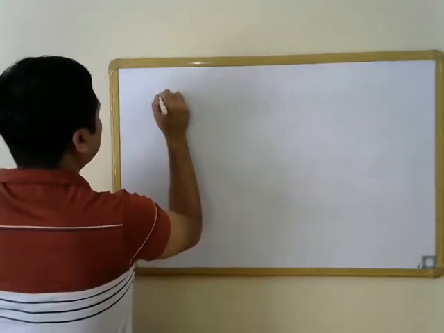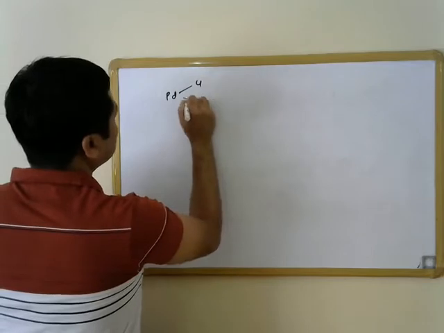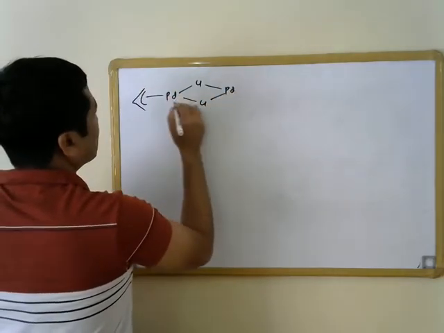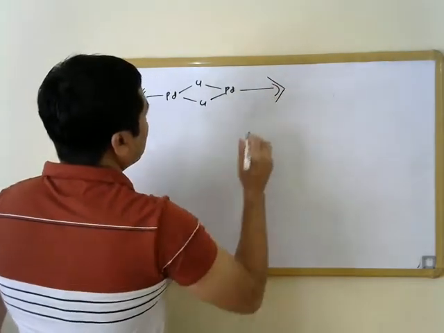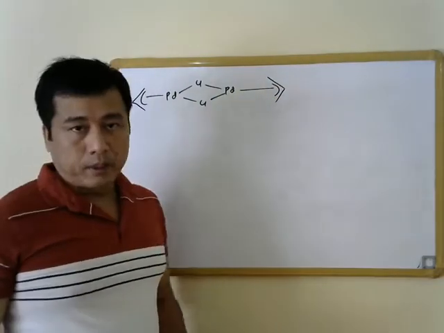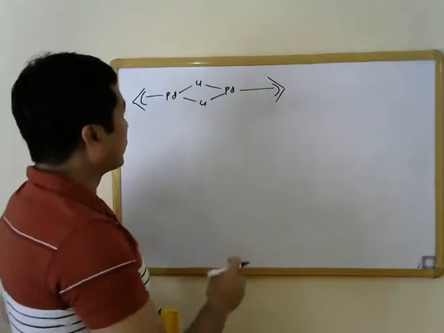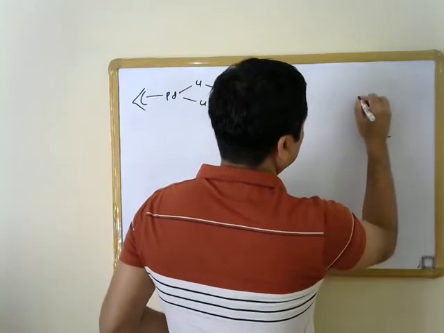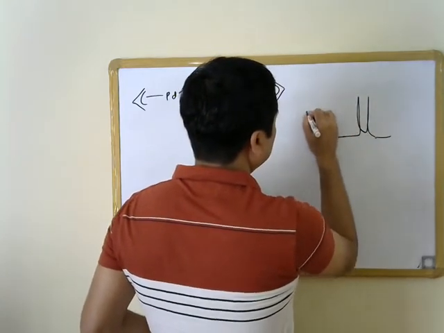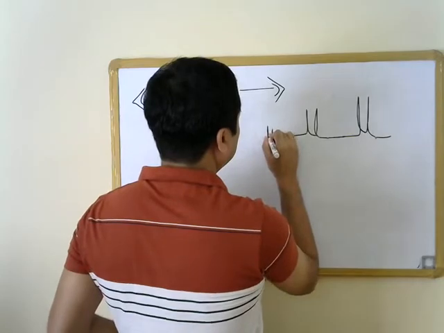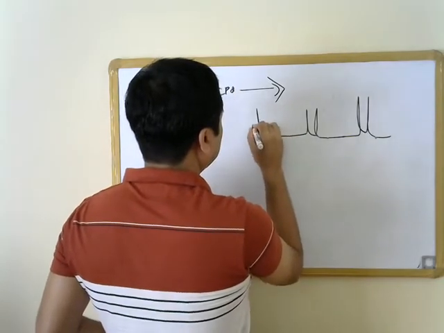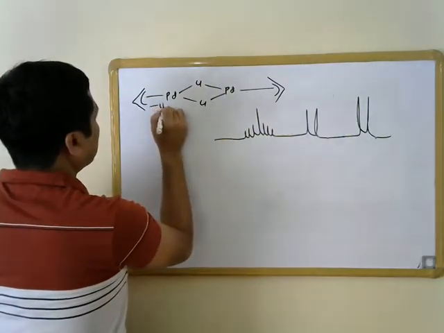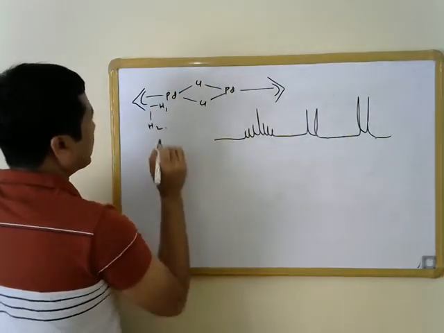So if you record the proton NMR spectrum of this particular compound in CDCl3, what you are going to see is that this is say H1 and this is H2.